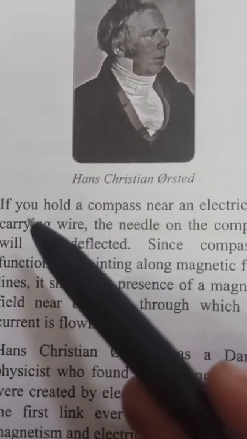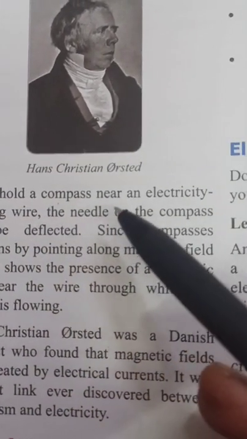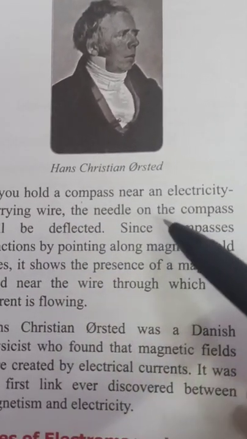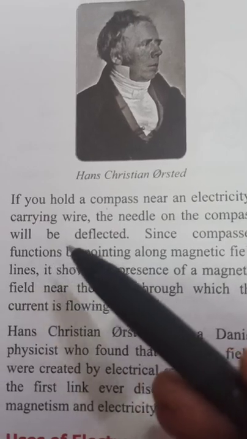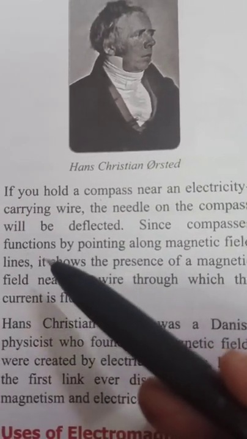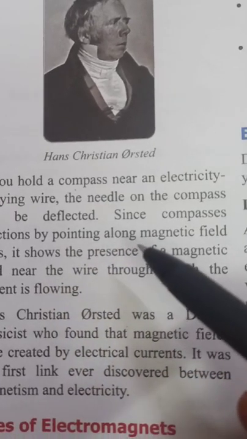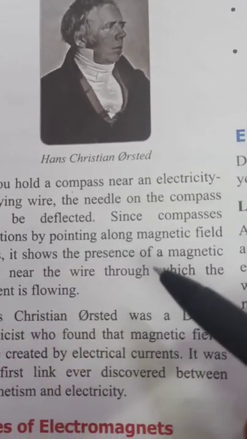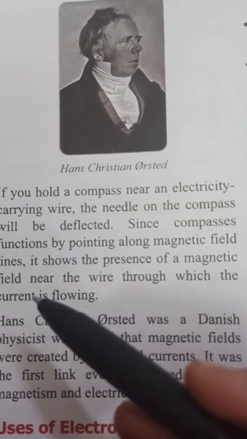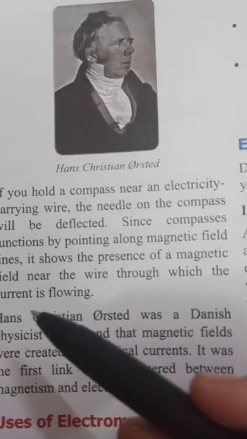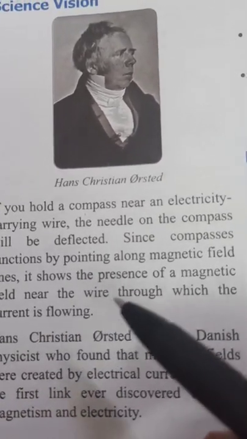If you hold a compass near an electricity carrying wire, the needle on the compass will be deflected. Since compasses function by pointing along magnetic field lines, it shows the presence of a magnetic field near the wire through which the current is flowing.